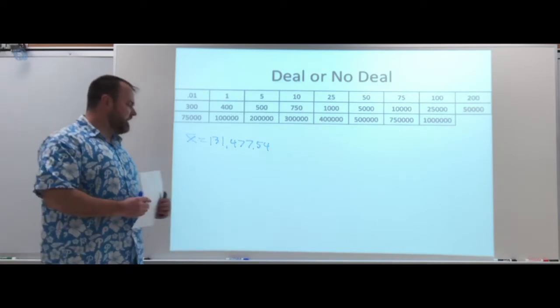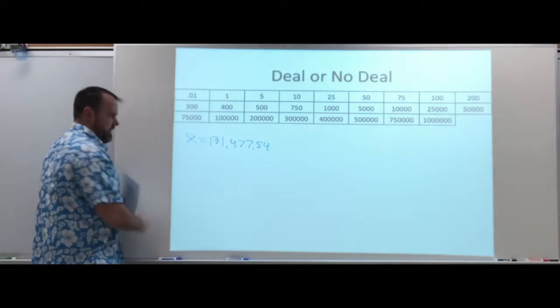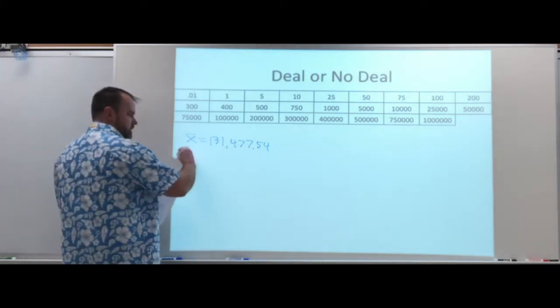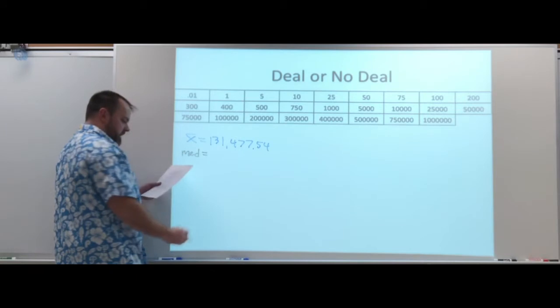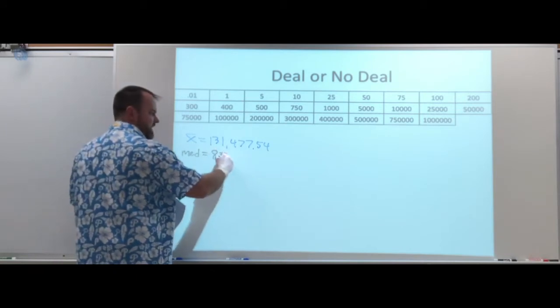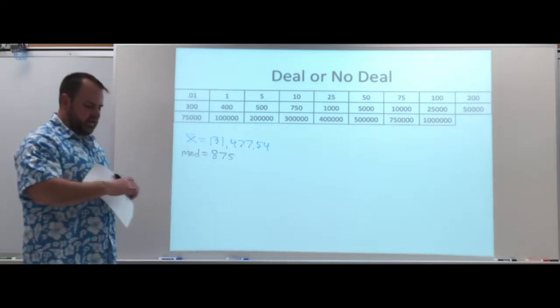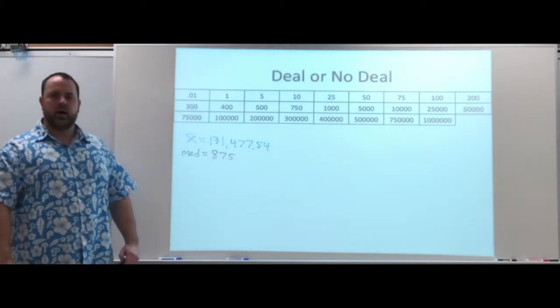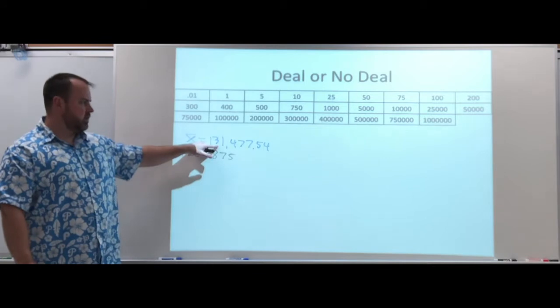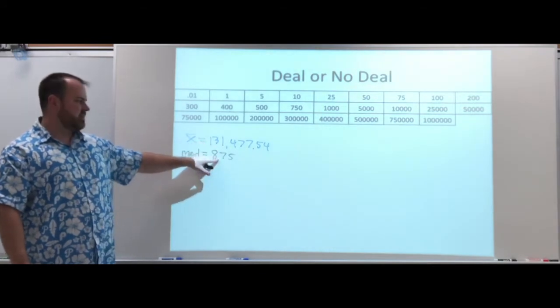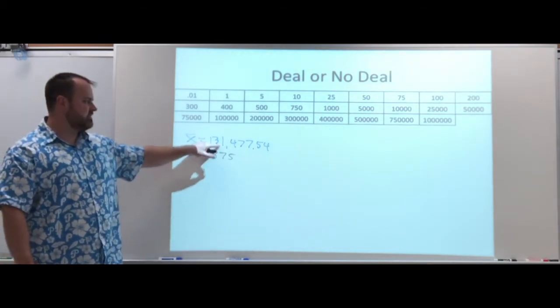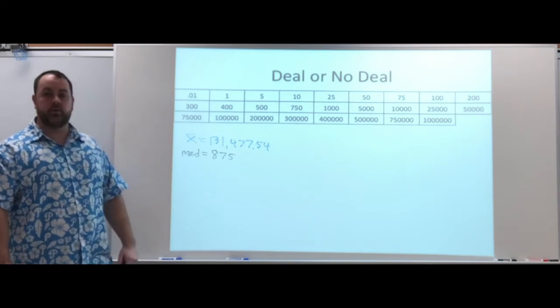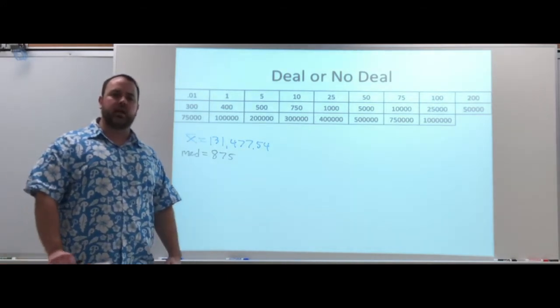If you look at the median in this case, the median is $875. So there's a little bit of difference there. If you're trying to advertise how much you have a chance to win, you're going to want to look at the bigger number. That $875, not quite as nice and appetizing as that $131,000 that you could end up winning.